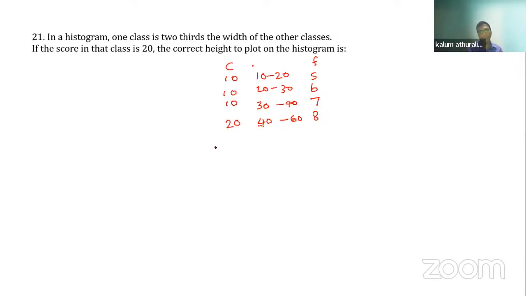It is 20. Then 10, 20, 30, 40, 50, 60. Then 2, 4, 6, 8. This is 10 to 20, this is correct.